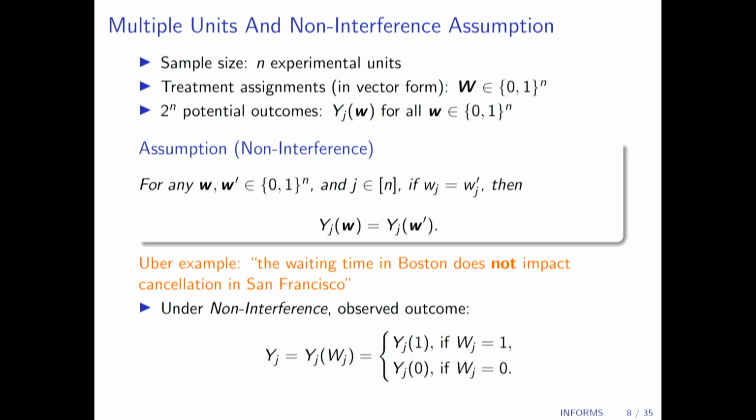In this example, it's at the city level. Yes. Because I'm looking at the 12 cities as treatment and control, and Wj could stand for whether Boston receives treatment or control. Yes, within the same city, everyone receives the same treatment or control.